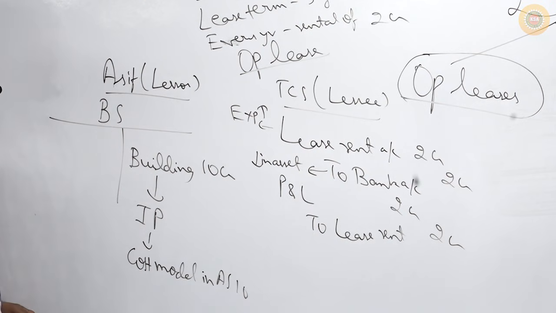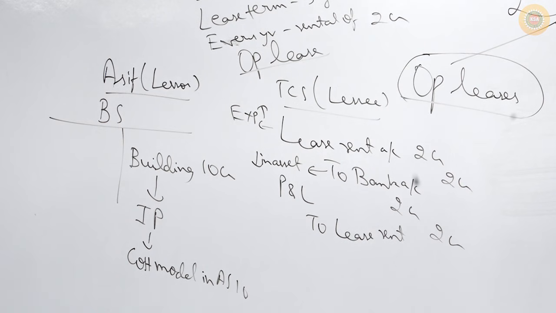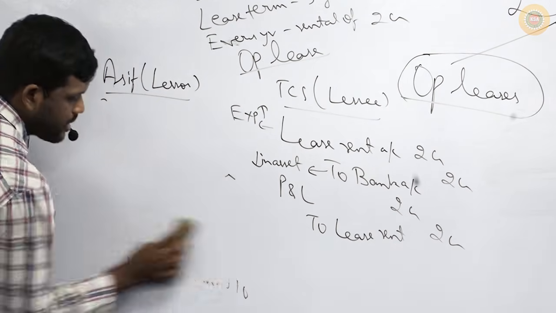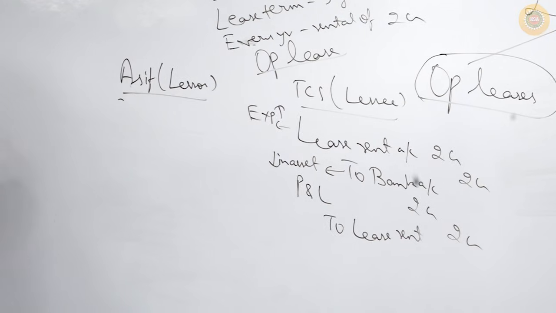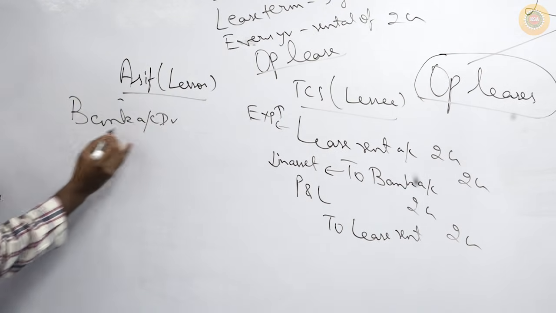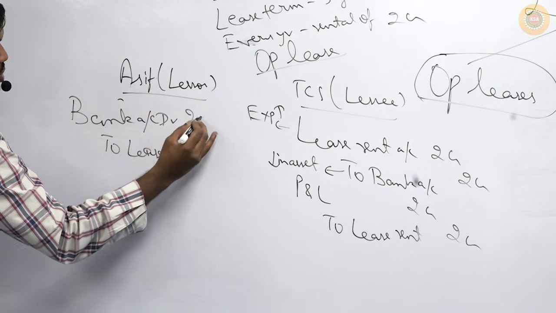Sir, what is the entry Asif will pass? Sir, for Asif, is it an expense or income? Asif will pass the entry: bank account debit to lease rent account, 2 crores.